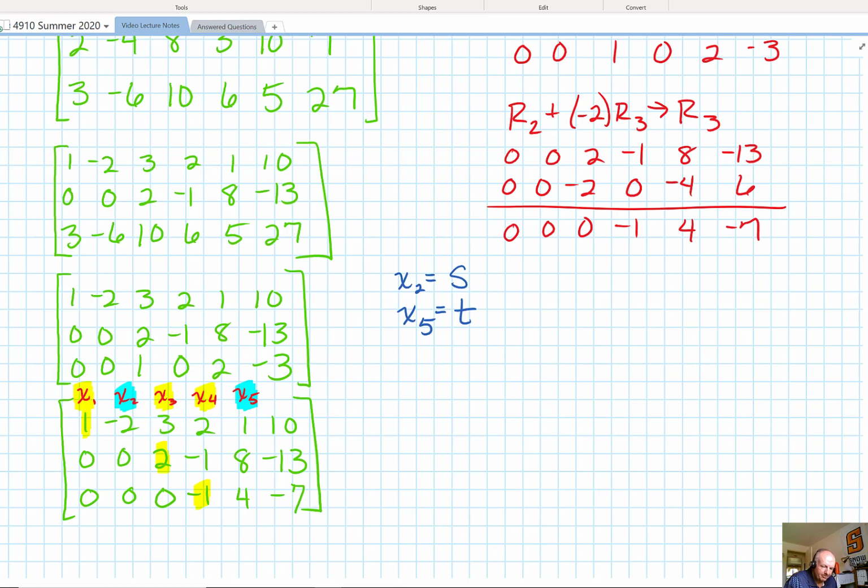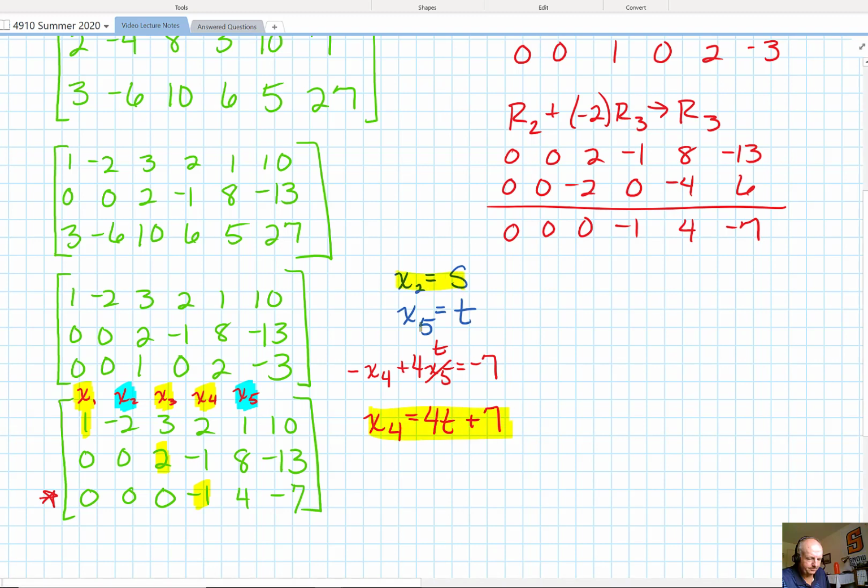If we start with this equation, minus x sub 4 plus 4x sub 5 equals negative 7, and I substitute t for x sub 5, then x sub 4 equals 4t plus 7. So that's the formula for x sub 4.